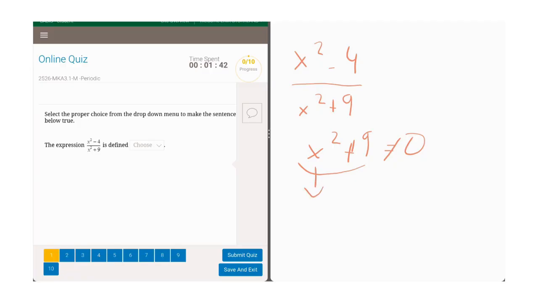So let's say we try to put negative 3. Negative 3 times negative 3 is positive 9. Plus 9 is 18. So this is why x squared plus 9 will never be equal to 0, which means that the expression is defined for all real values of x.